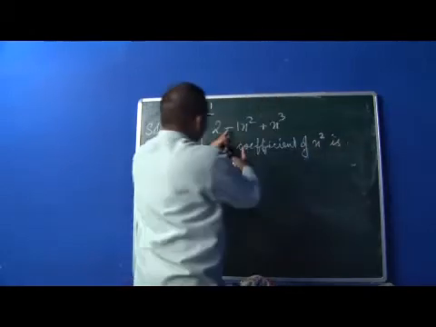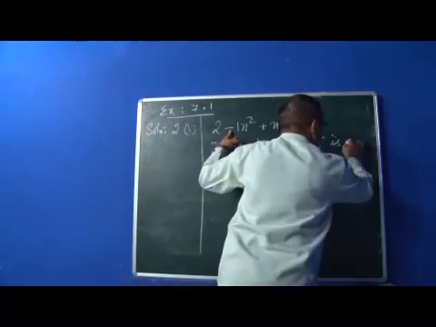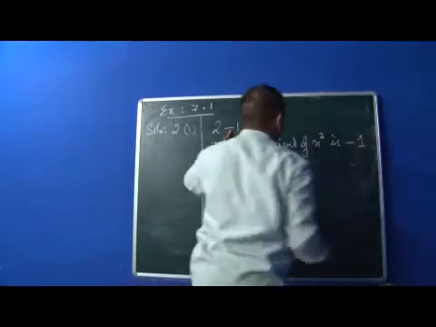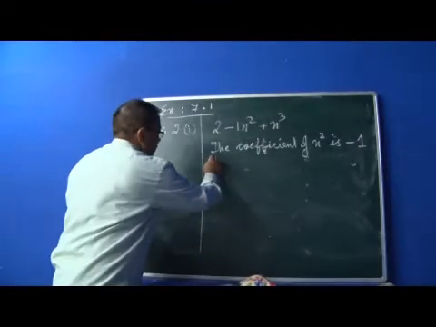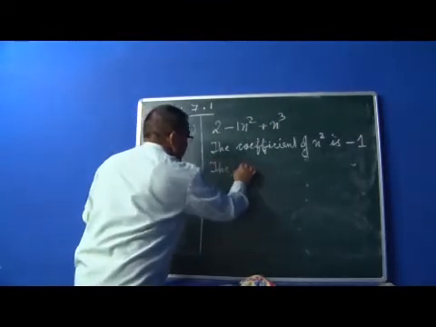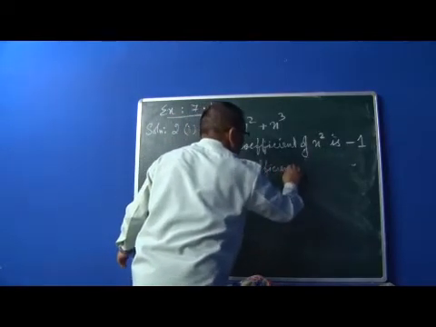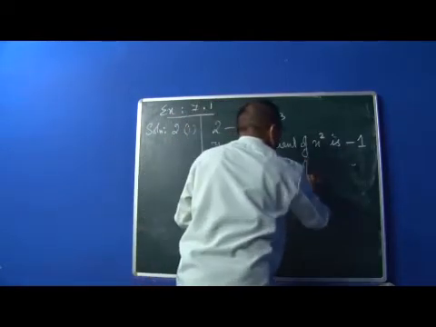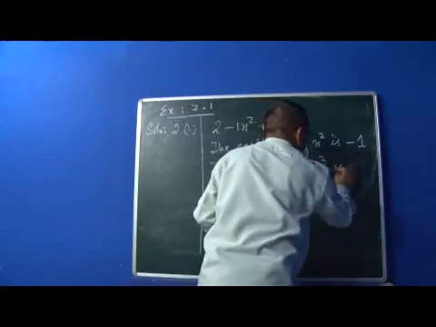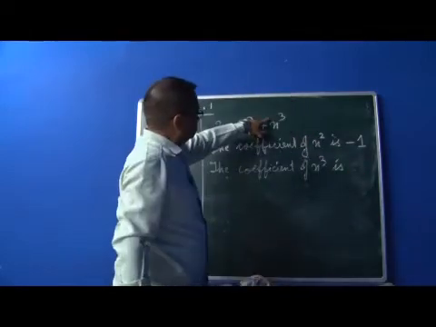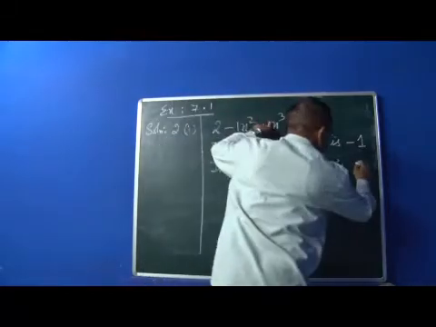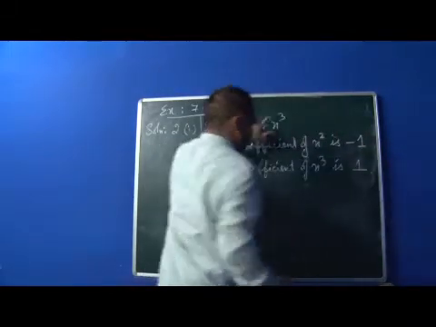So along with the negative sign, it is minus 1. Okay, then next, the coefficient of x cubed is, we don't have a number, we put it as 1. Okay, so that is it.